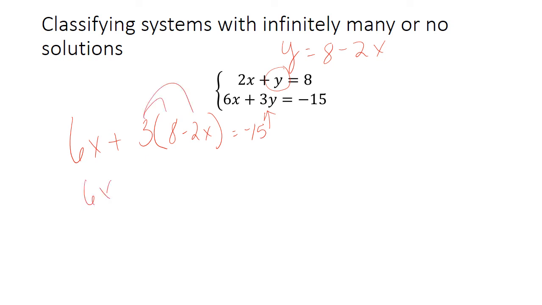So I'll do my 6x plus 24 minus 6x equals -15. My 6x and my 6x are going to cancel, leaving me 24 is equal to -15. Is that a true statement? It is not. So we would say that this is no solution. There is nowhere where these two lines are going to cross.